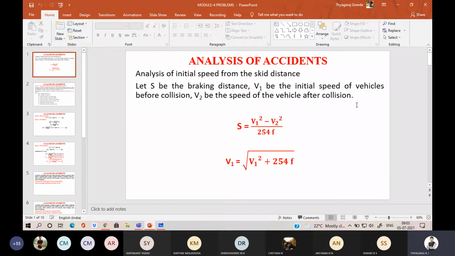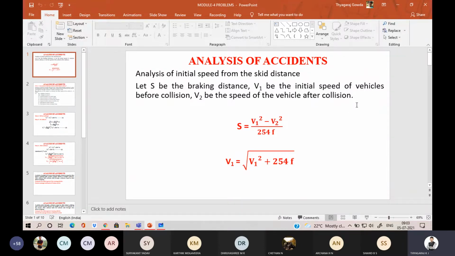In all the analysis of accidents, you will be determining the initial speed of the vehicle by using the skid distance. This is the first concept behind the analysis. Is it clear? Kindly respond. Is it clear?